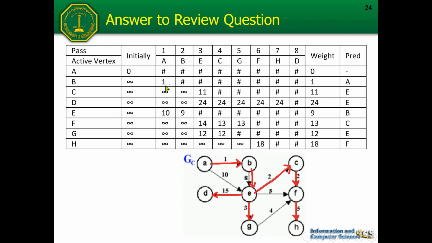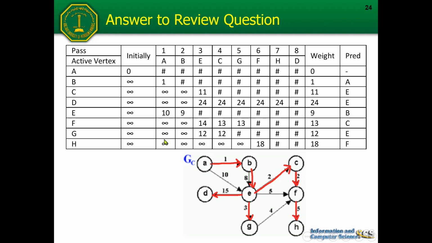Then of course, because A is the active vertex, the corresponding row for A will not be considered anymore. That's why you just put this hashtag until the end of the row. The other vertices cannot be seen from A, that's why they are still infinity.